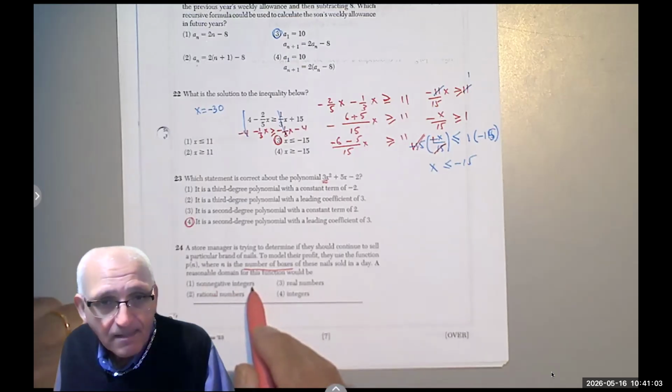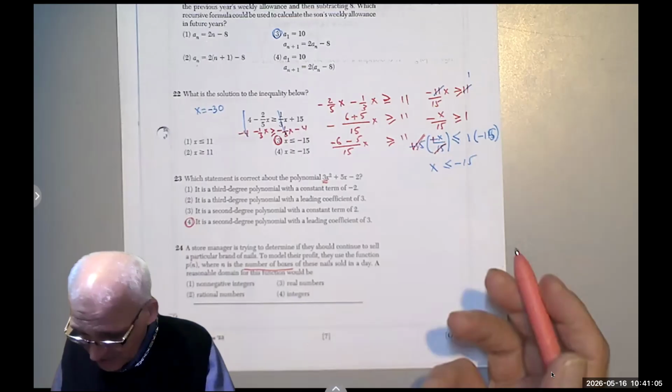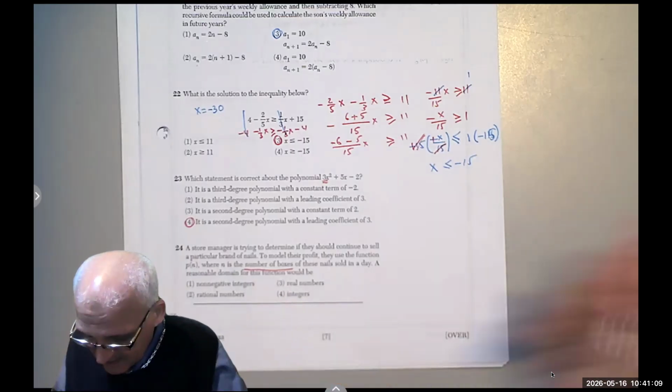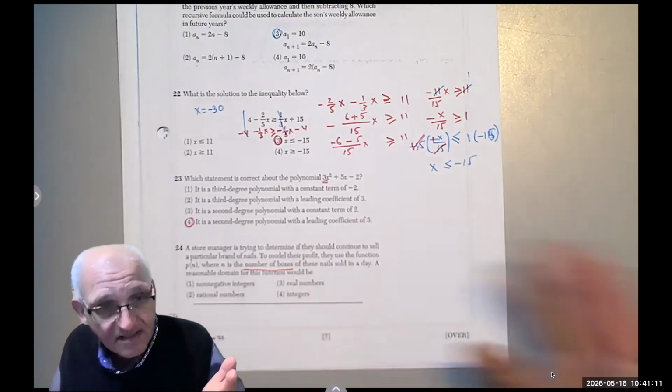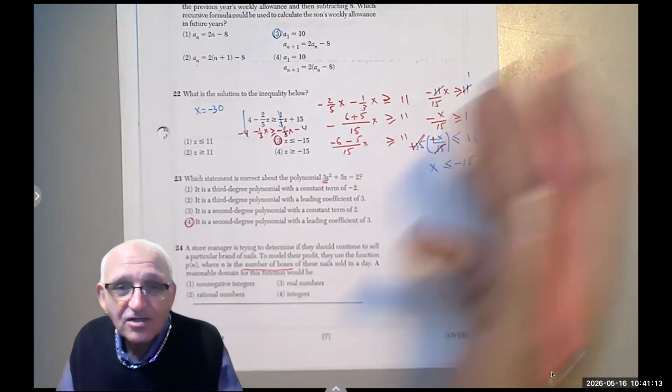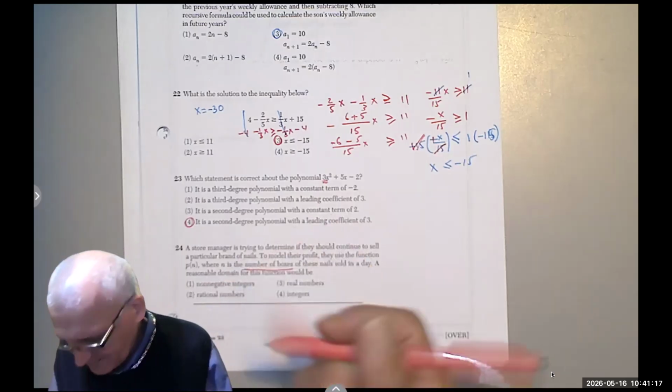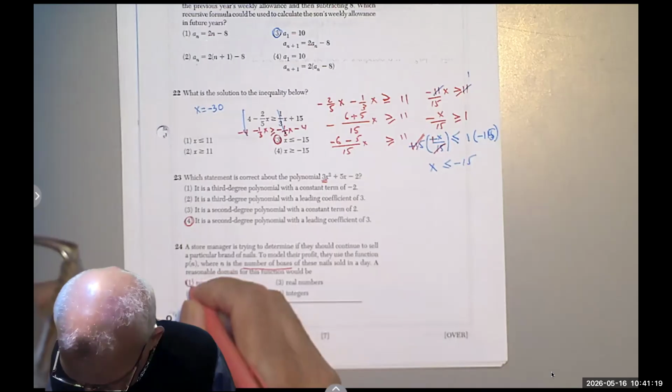Yeah, that's the correct one, right? You may not sell anything, then n is 0, that's a non-negative integer, or you cannot sell negative numbers of boxes, right? So it has to be that.